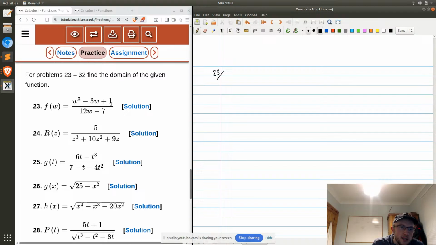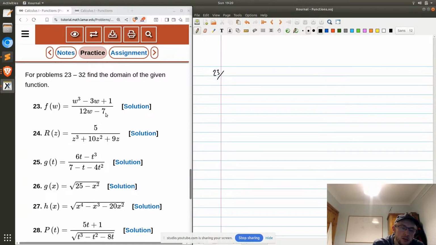So the domain of f. We need to focus on the denominator. We're not allowed to have zeros in the denominator. So 12w minus 7 equals 0.